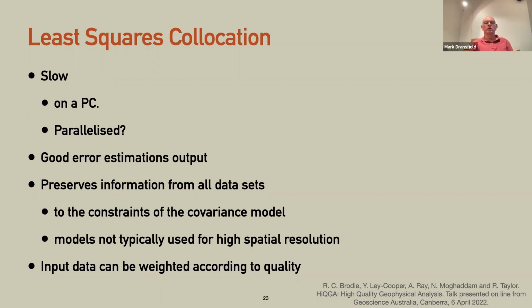And it's worth saying that it's not typically used for the higher spatial resolutions that are typically used in geophysical applications, geological mapping, and so forth. Usually geodesists are using it at a broader spatial resolution. And finally, the input data can indeed be weighted according to quality.